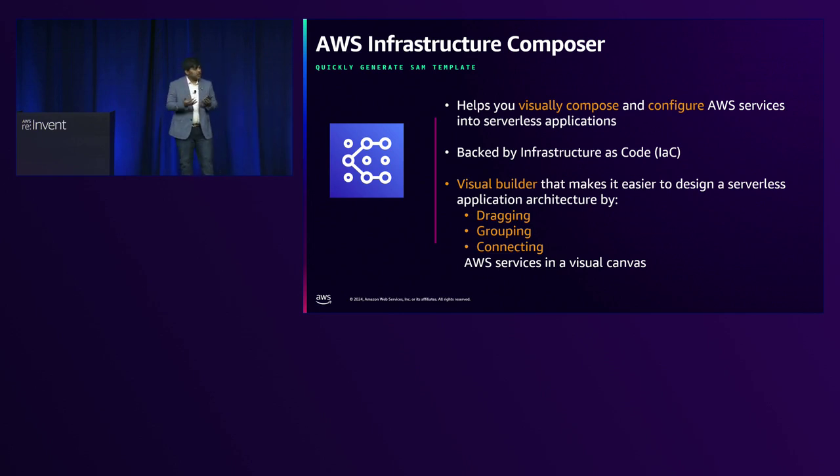So it's basically giving you deployment-ready infrastructure as code. You can leverage AWS SAM to deploy that architecture so that you can reduce the learning curve.